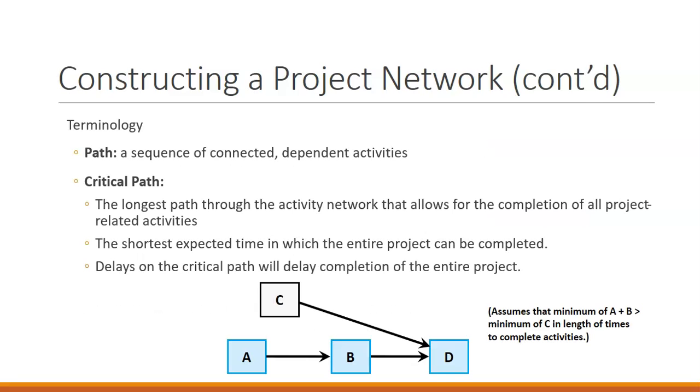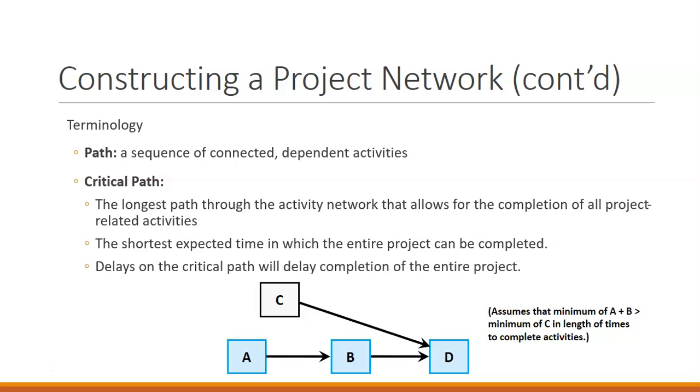When we're looking at this network construction, we have our path, which is the sequence of activities. So we have activities A, B, C, and D. A must be completed before B can be completed, but C is an independent activity. We have that A and B and C can have different lengths and time to complete activities.